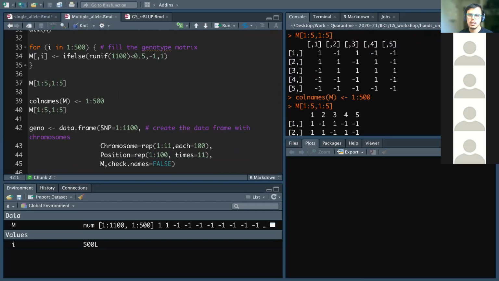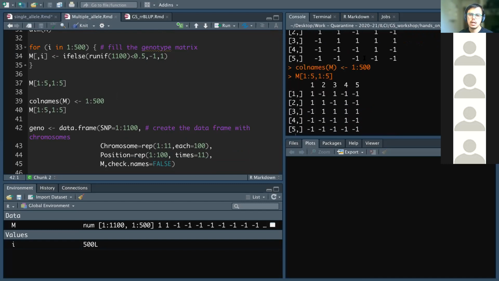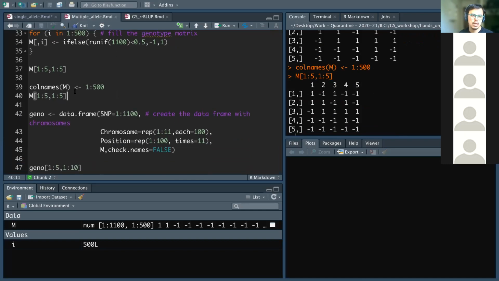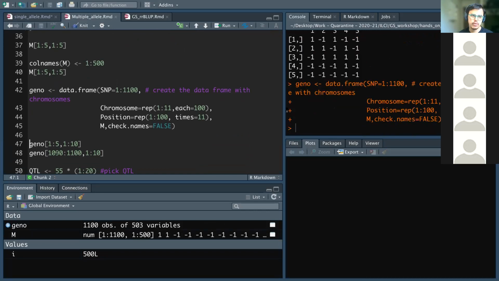You can see here that the original matrix didn't have any names, and now we just have consecutive numbers as names in this matrix.